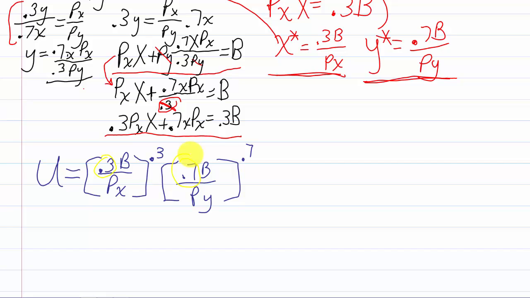So in order to pull them out of the parentheses raised to the 0.3, you're going to have to raise 0.3 to the 0.3 power. So 0.3 raised to the 0.3 gives us 0.6968 or so. So that's, let me give us a color that we can actually see here.